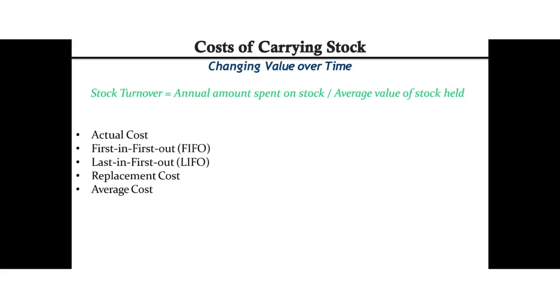If the value of an item changes over time, this raises a question about the value of stock held. A company must know this, as stock forms part of the assets that are recorded in its accounts. Is the stock worth the amount you actually paid for it, the amount you would have to pay to replace it, the amount you can sell it for, or some other value?